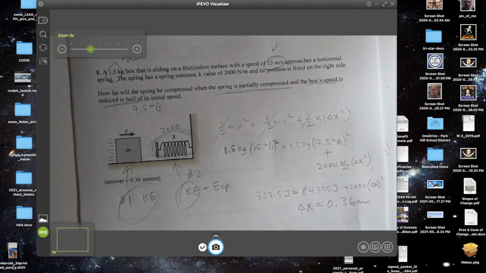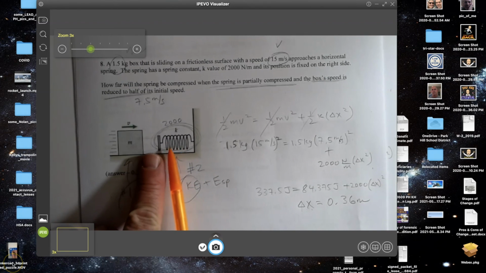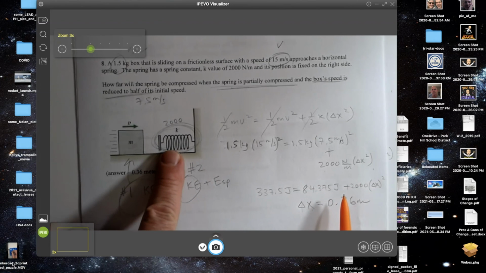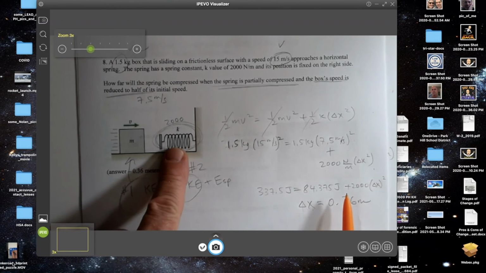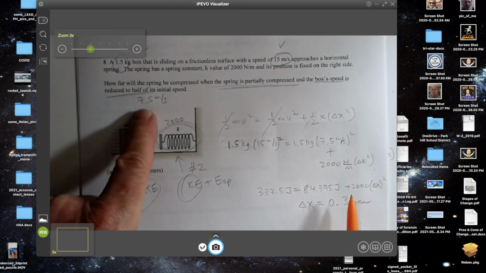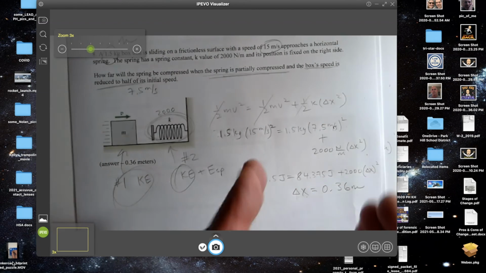All right, so basically what happens is, as this object encounters the spring, the spring will be compressed by this much, and at that particular position, the box would have a velocity of 7.5, and the spring would be compressed by that much.